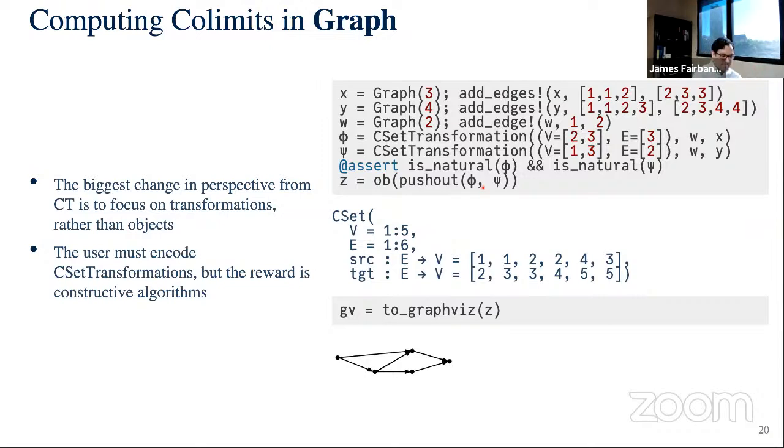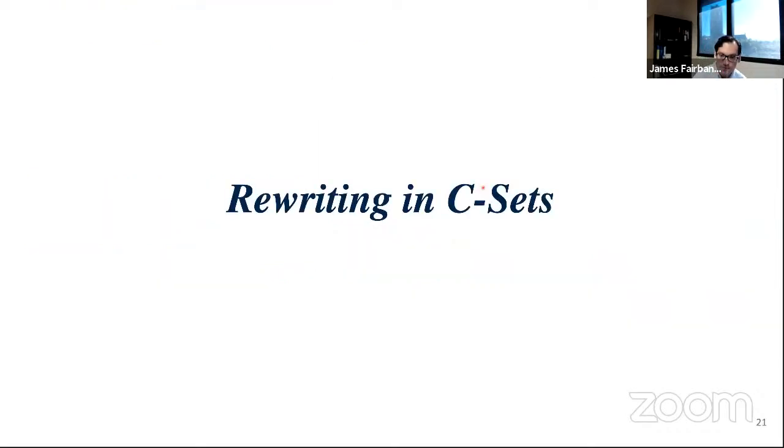Constructive mathematics becomes easy to implement as algorithms. You can read the formula for a pushout or for a colimit and just write it down in Catlab code. So I want to move on to rewriting now that I've given you the introduction to CSets and their general representational power.